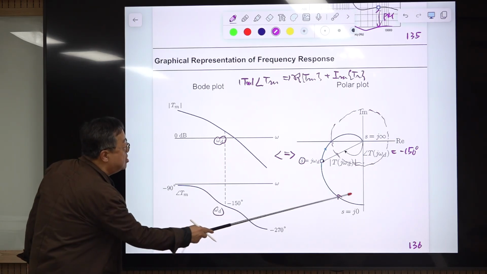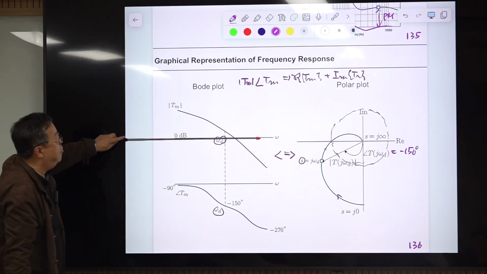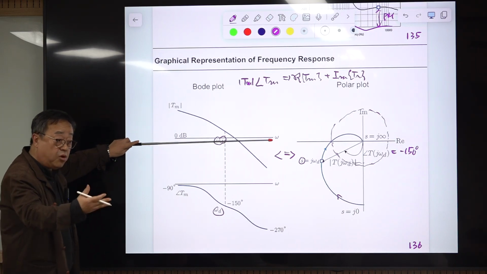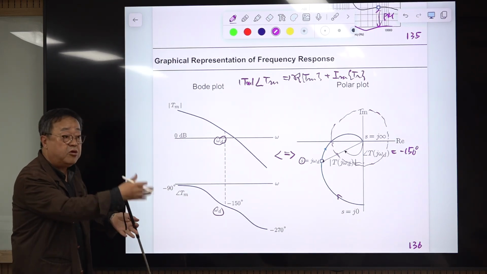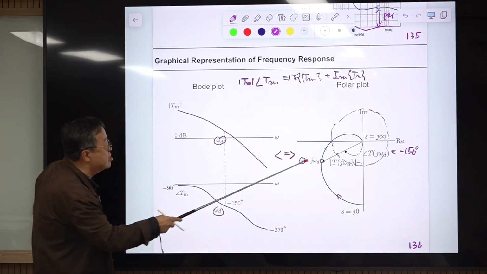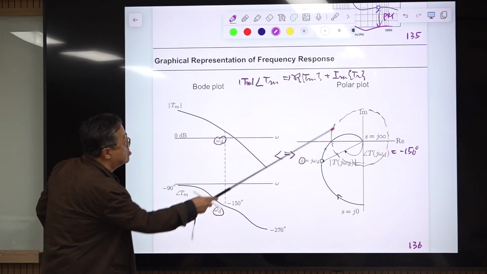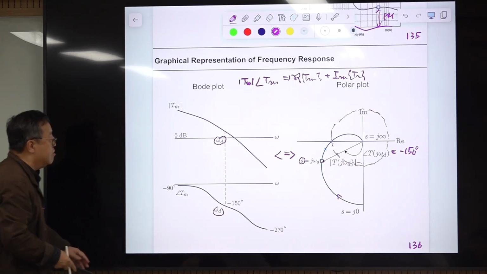You don't know which frequency is at each point, because there is no information. The information about the frequency is hidden here. At some particular frequency you can figure that out, but in general it's not shown, okay. But you know this is outside of the unit circle because it is above the 0 dB line, okay.